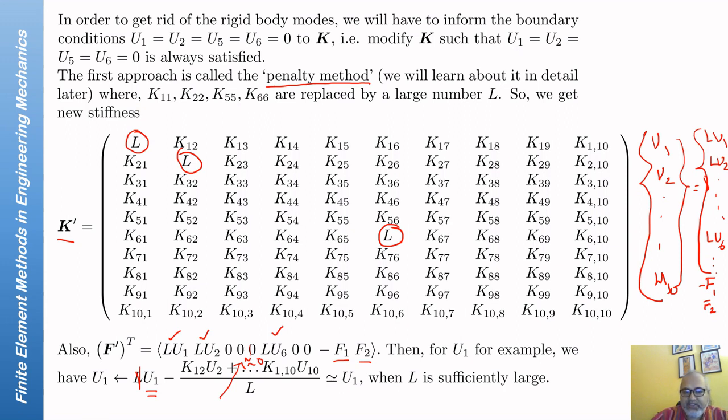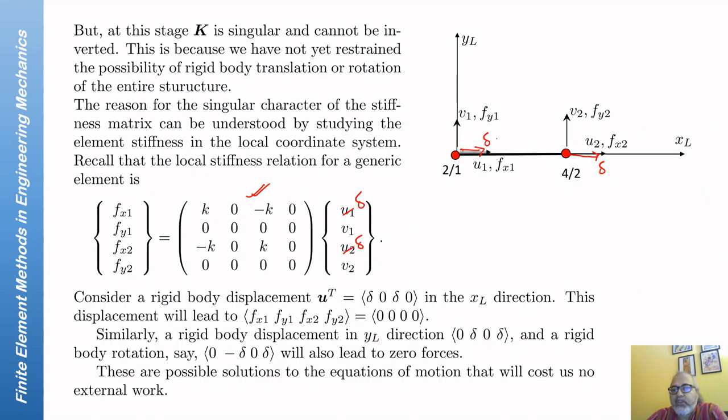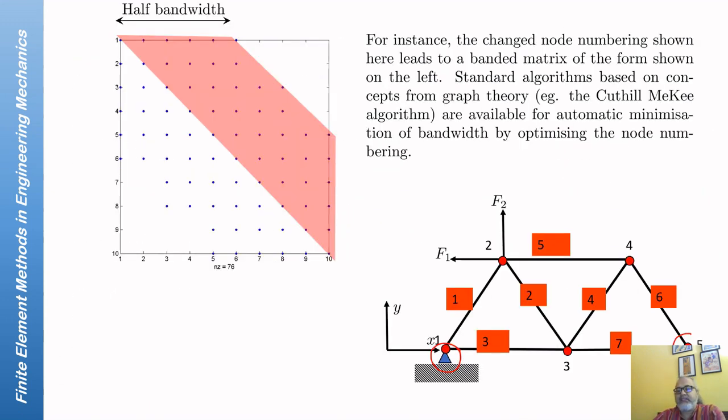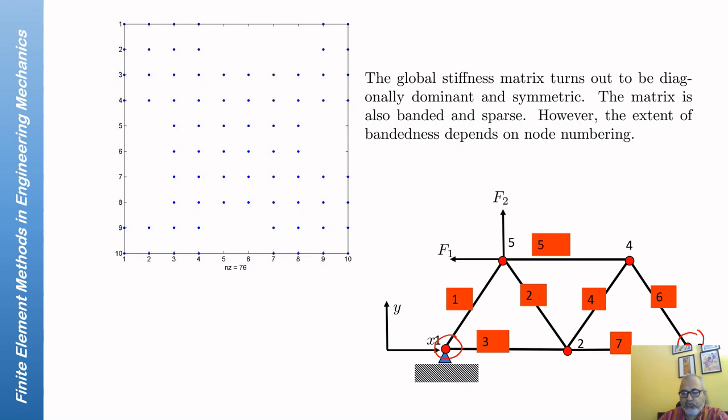Now, what this basically means, and I want you to figure this out carefully, is that in this structure, in order to impose this constraint, both the degrees of freedom are fixed.